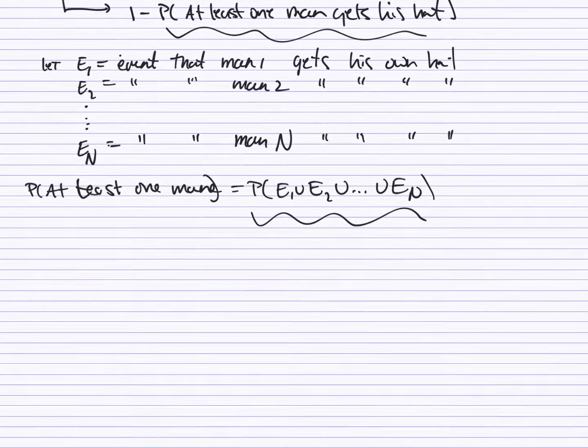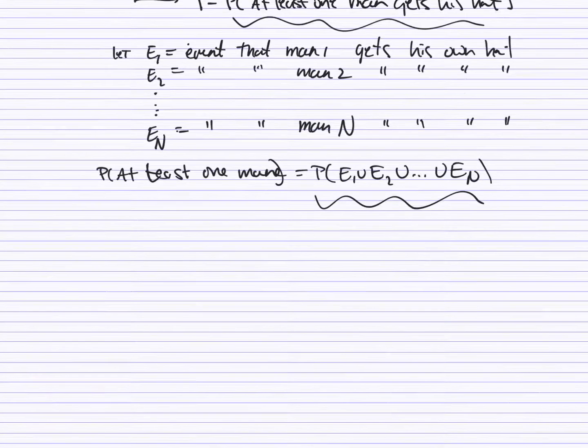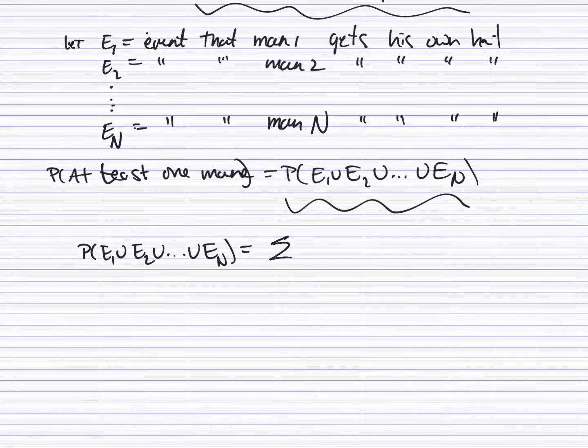Here's where we're going to utilize the inclusion-exclusion principle, okay? So let's write out the principle again that we got from the last lesson. The probability of E1 union E2 union, all the way up to E sub N, is equal to the sum of the probabilities of each E sub i, i equals 1 up to big N, minus the sum of all the pairings, right?